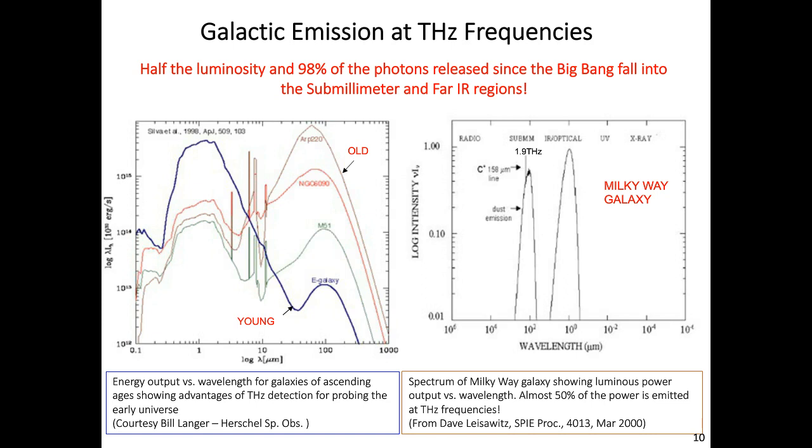So again, if you're an astronomer and you're not looking out in the terahertz regime at what we're getting from intergalactic and interstellar sources, then you're missing 98% of the energy that's out there. So again, very important for doing any kind of astrophysical observations.